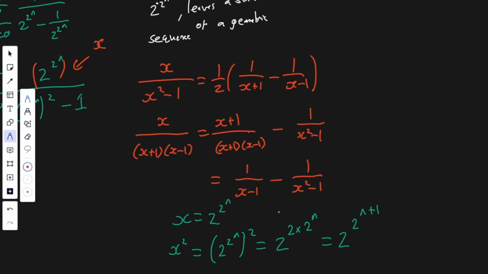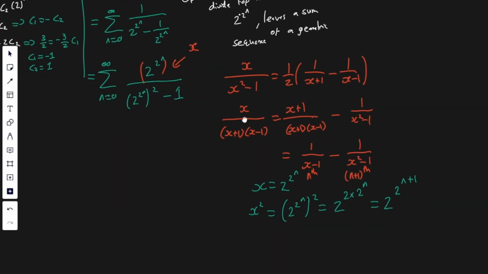we're probably going to get a bit of telescoping here. So this is kind of like the nth term, and then this is going to be the n plus 1th term, and then that's going to cancel out the next term. And that's the idea here.